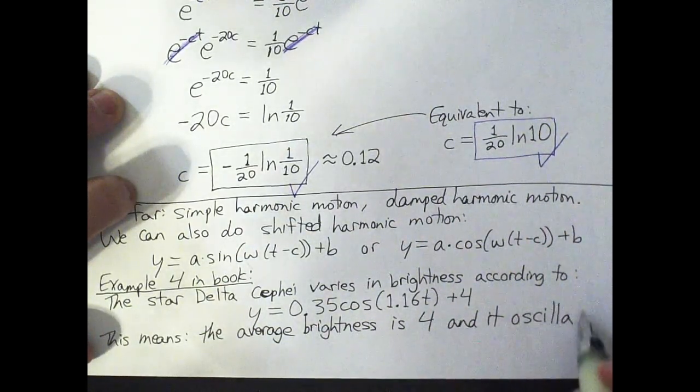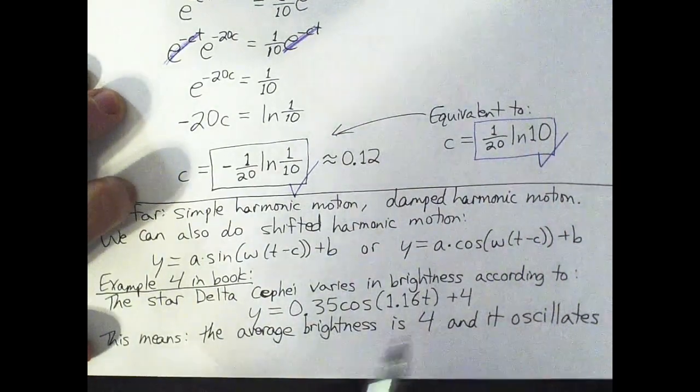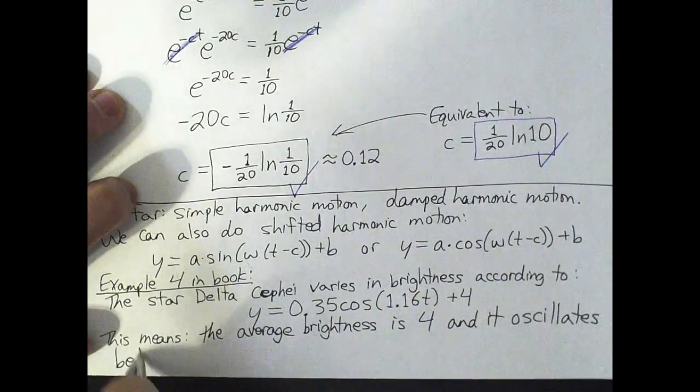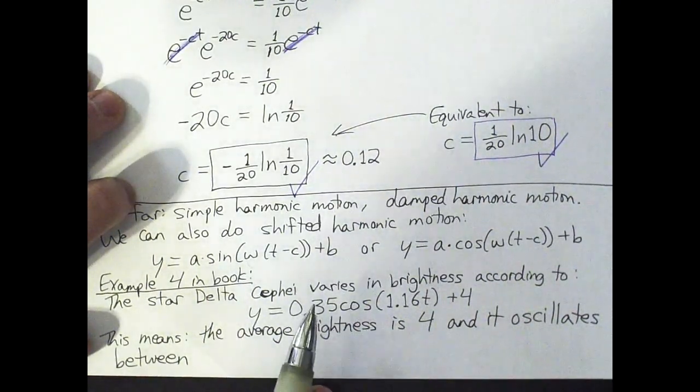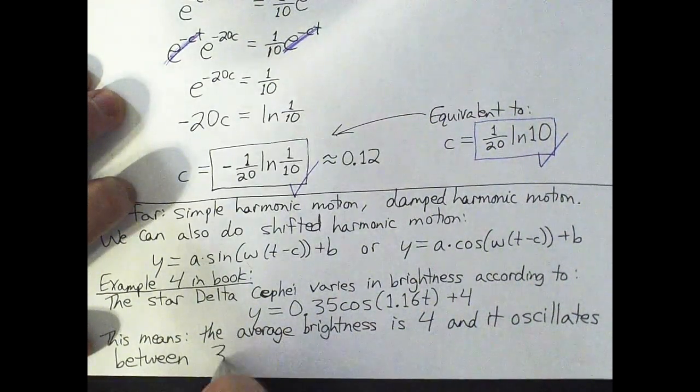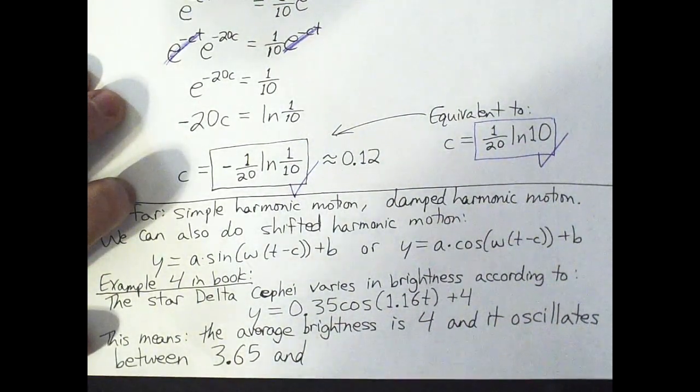Oscillates is a good word for something that has this kind of periodic back and forth behavior. It oscillates between, what's the lowest that it's going to go? -0.35 plus 4 is 3.65. And what's the highest it's going to go? 4.35.